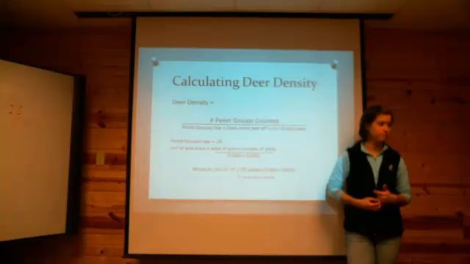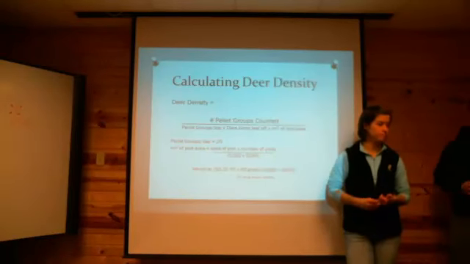Those obviously change throughout the year as deer migrate. How do we utilize this, or how do we calculate, or how does this information help us as hunters and our harvest rates?